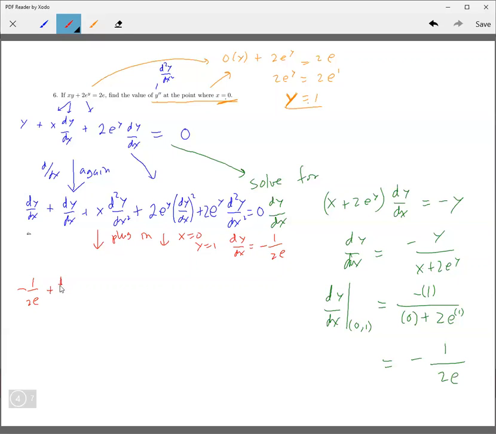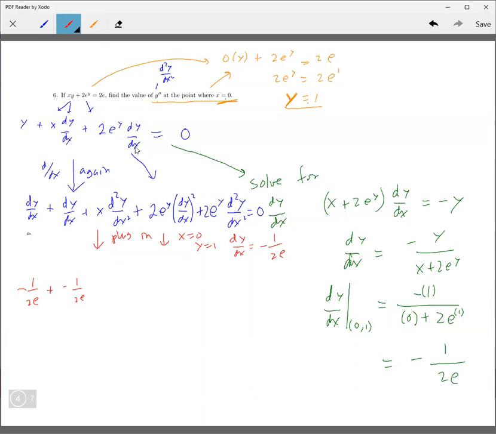I just have a quick question. When you did the second derivative, for the 2e^y times dy/dx squared, how did you get the dy/dx squared? How did I get this right here? Yeah. Okay, so the derivative of e^y is e^y times dy/dx.